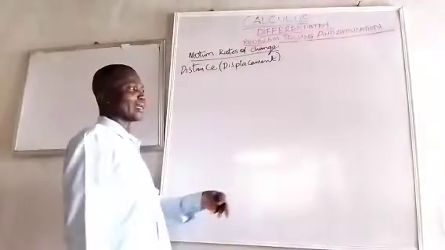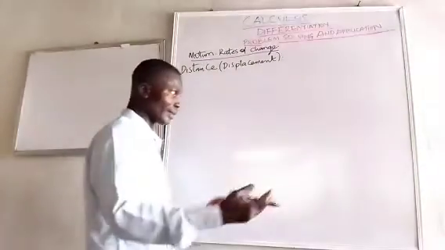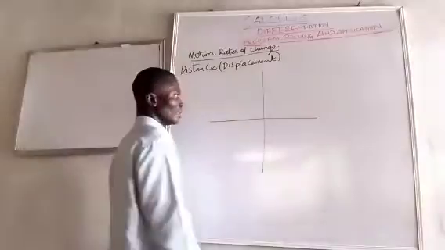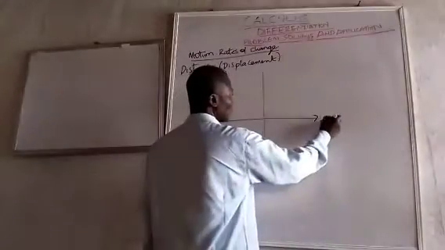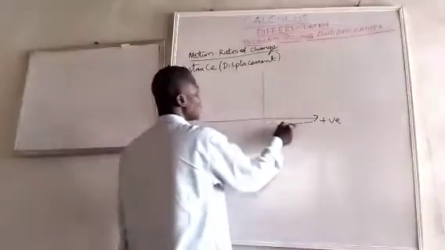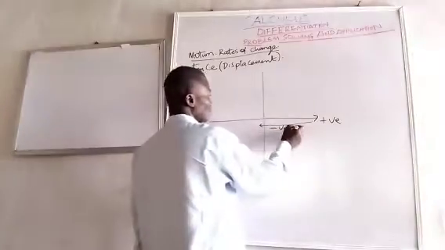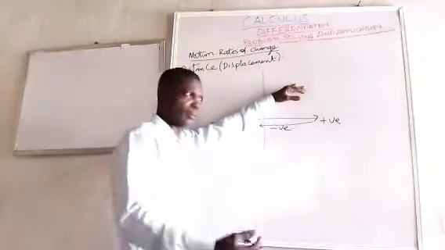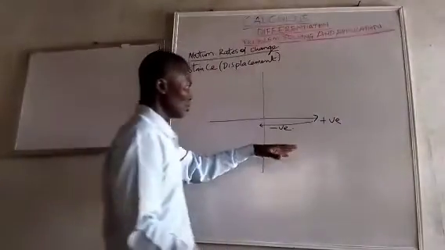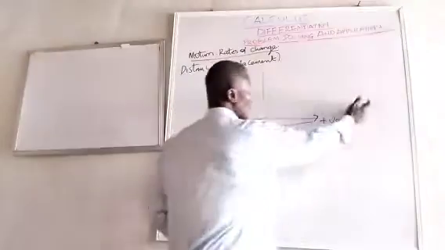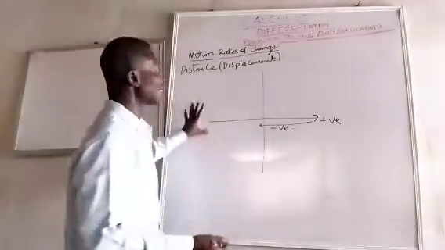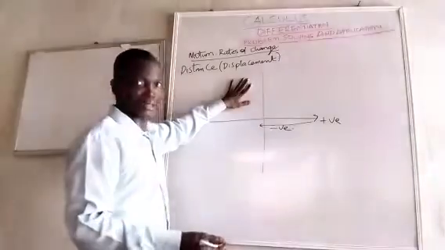When it's going in the opposite direction, it is negative. Just like we have the Cartesian axis, we might take the right side as positive. So if the motion is towards this place, it is negative. You understand? Just like when we are adding negative numbers, addition is towards this place, subtraction is towards the back. That is how you should view this situation as well.